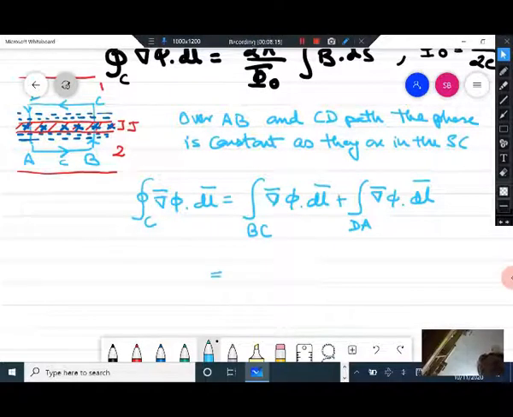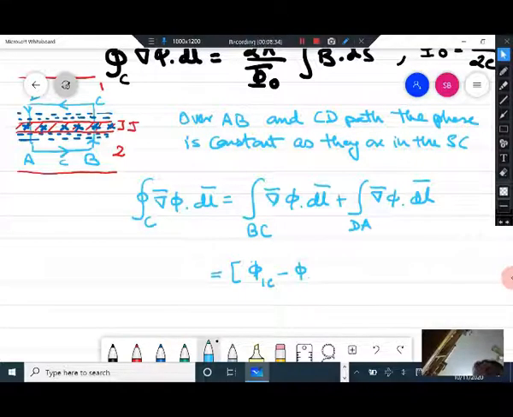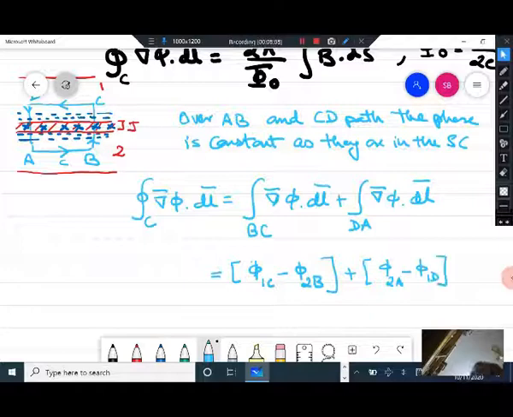This will be nothing else but phase 1C minus phase 2B, where 2 is the superconductor 2 and B is this point, plus, as you go from D to A, phase 2A minus phase 1D.